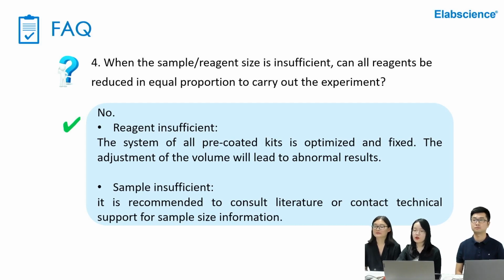Therefore, it's recommended to arrange the experiment according to the actual volume of the reagents. In addition, do not use the other source or the different batches of the reagent to meet the volume shortage problem. And if the sample volume is insufficient, it's recommended to consult the literature or contact the technical support to get the sample size information.